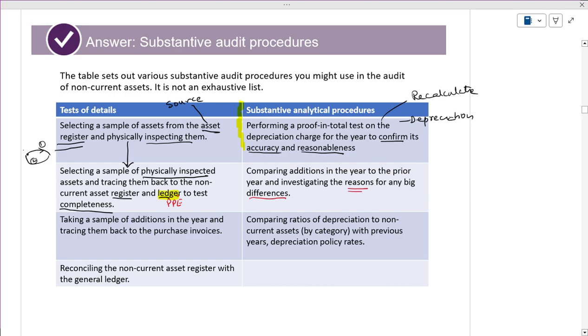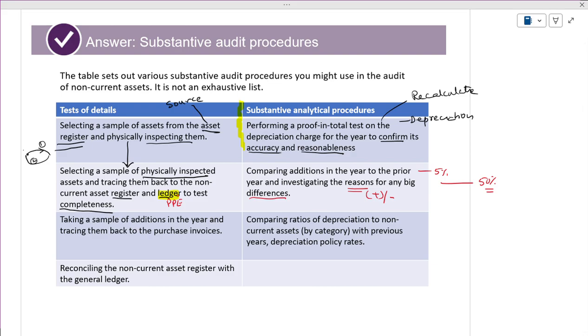Whether they have added or sold. Mostly they have added. If it is normal, there will be a policy. Fine, it is 5% additions, and you will not have any issue. But assume there is a 50% increase in non-current assets.